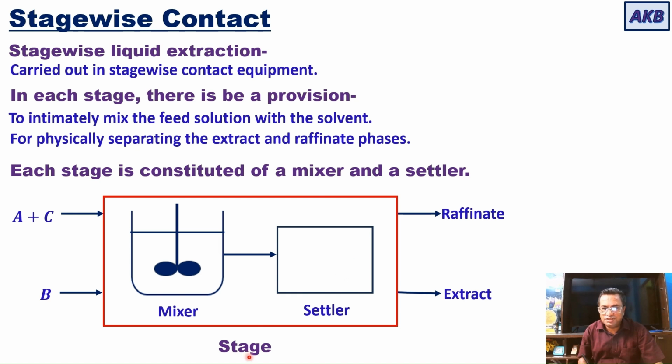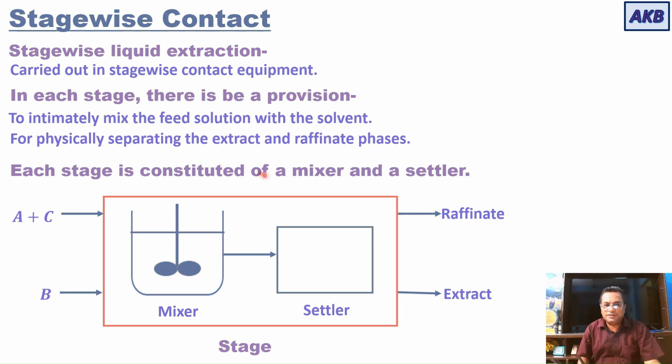So in each stage, you have those two equipment, a combination of mixer and settler. Okay, so I hope it is clear to you. When I say a stage, in the case of stage-wise liquid extraction, there is a provision for mixing the two insoluble phases and separating the extract and raffinate phases after they are settled.